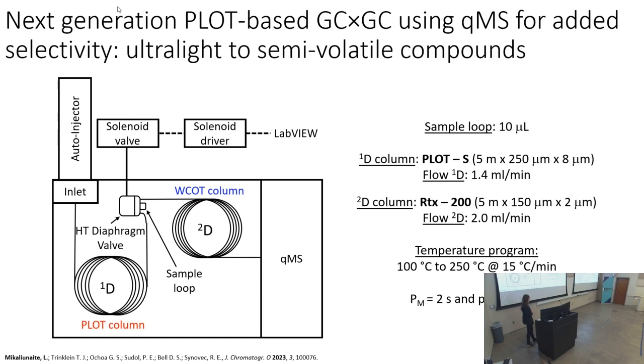If you know a little bit about the beta ratio, to balance that out we need a pretty thick wall-coated column. So Restek made us custom columns with a 2 micron film, just to give us a little more balance. Another thing to note that's very unusual is that we are using a very short PLOT column and a relatively long wall-coated column to help us balance it all out.